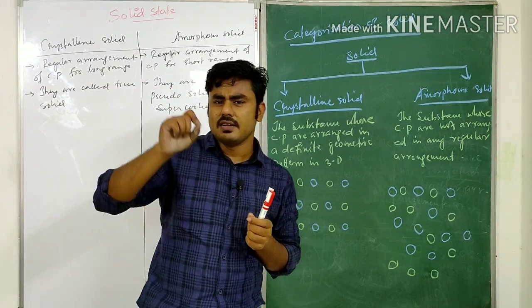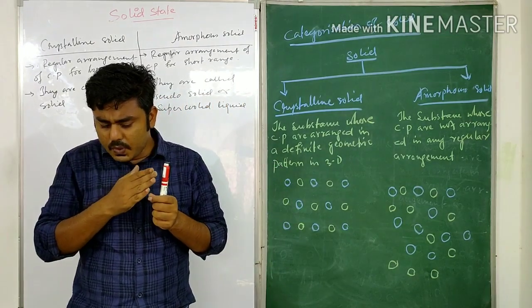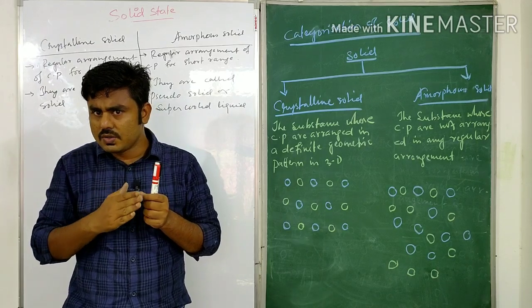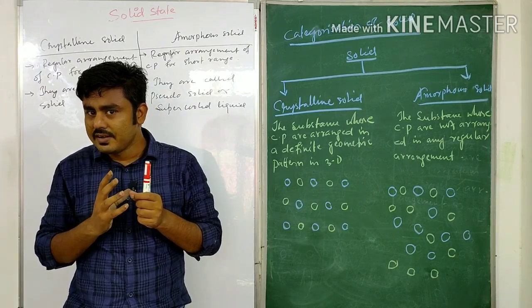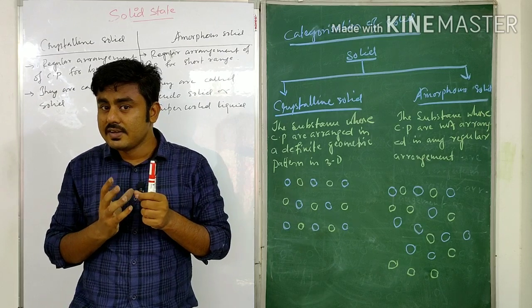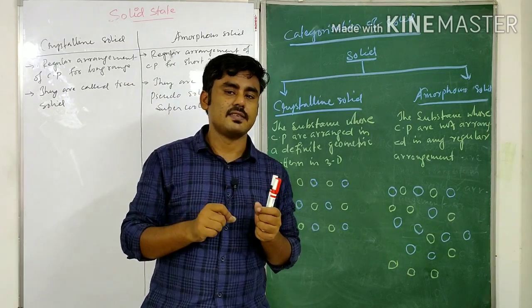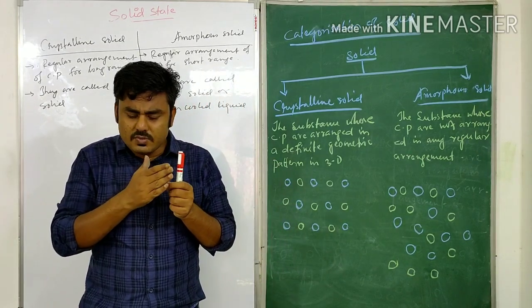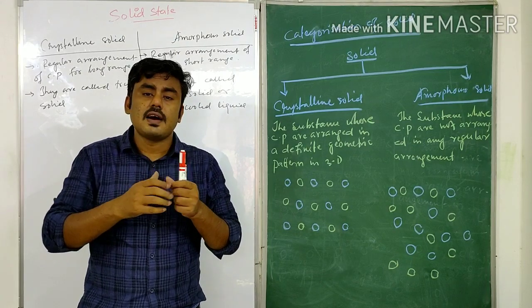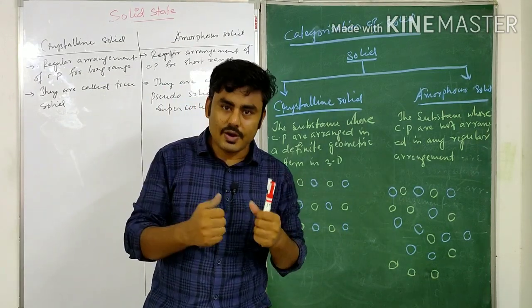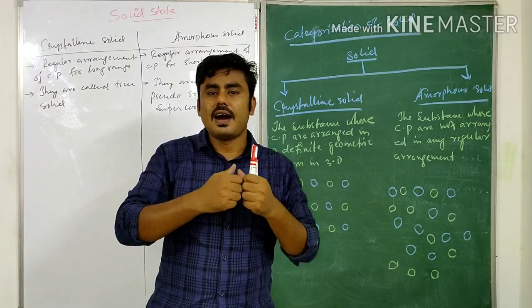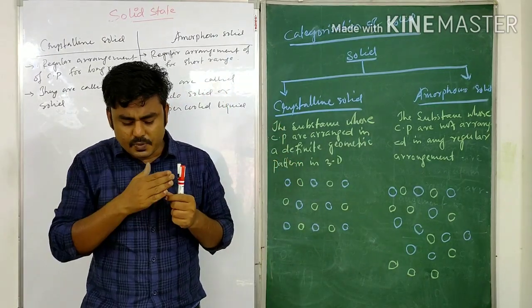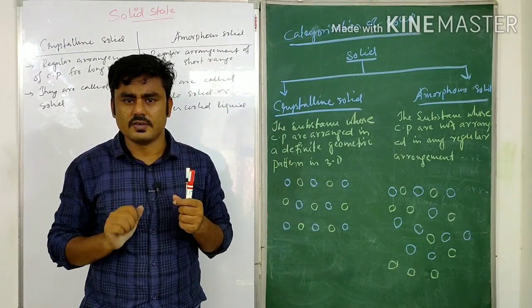So it flows down very slowly because it has high density. Also, it has very high viscosity. That is why it flows down very slowly.